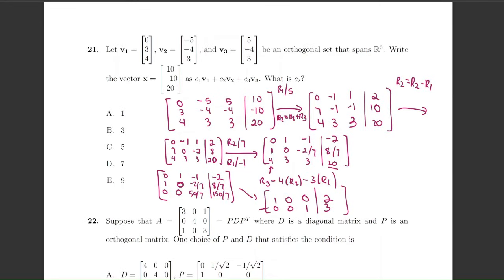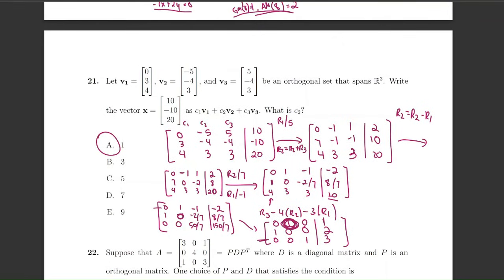And for the top one, we would do this row plus this row, so negative 2 plus 3, which is 1. Okay, so C2 is just going to be 1, because this entry corresponds to C2, when we write it as C1, C2, C3 here. So our answer is A.